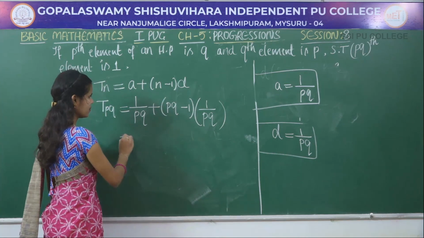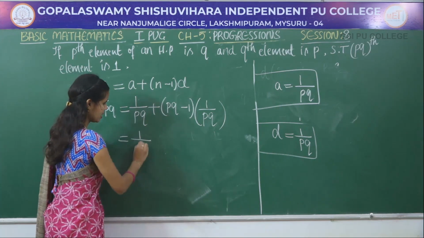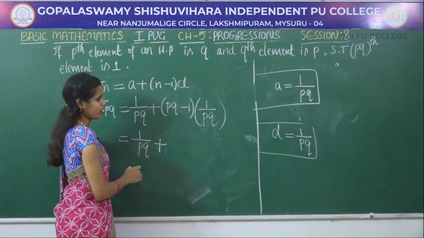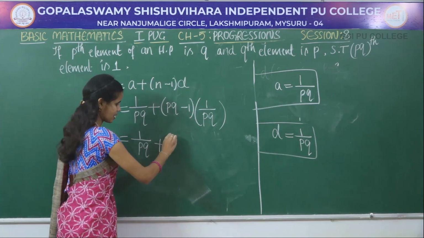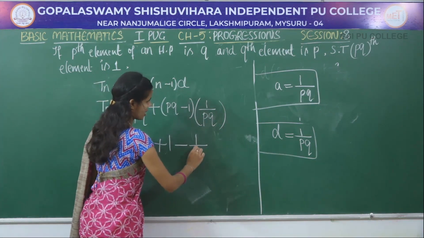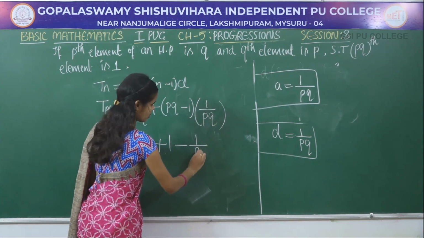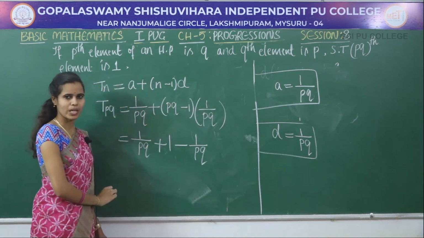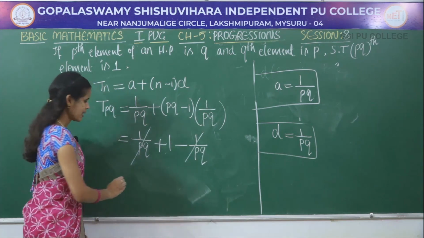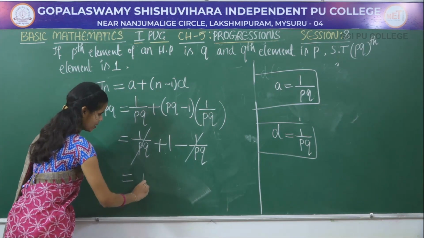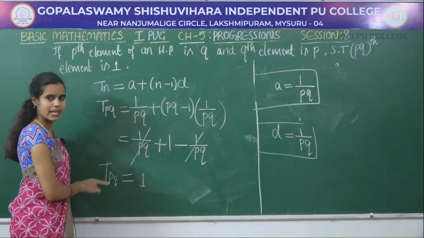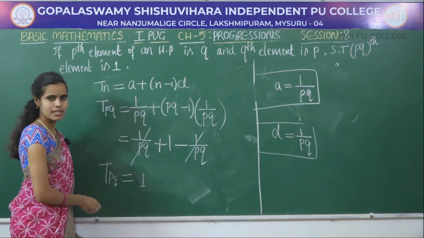Simplify: 1 by pq plus pq into 1 by pq, pq gets cancelled, remaining 1; and minus 1 into 1 by pq is minus 1 by pq. So 1 by pq minus 1 by pq gets cancelled. Therefore the remaining term is 1, so the pqth element in AP is 1.